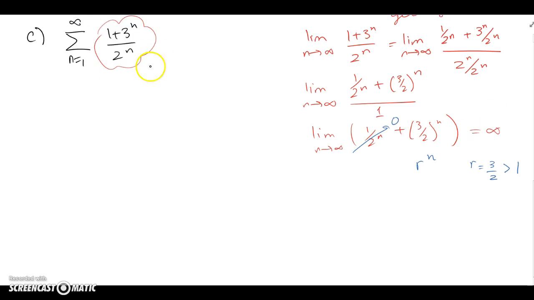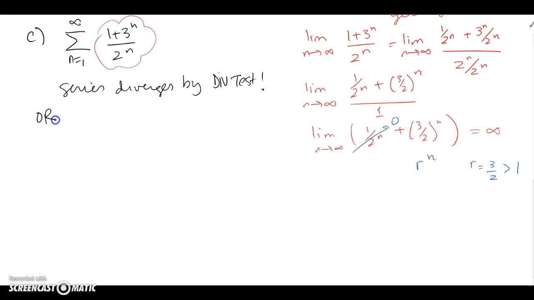So the limit of the sequence does not exist. It goes off to infinity actually. So we can say that the whole series diverges by the divergence test. So that's one way we can look at it.